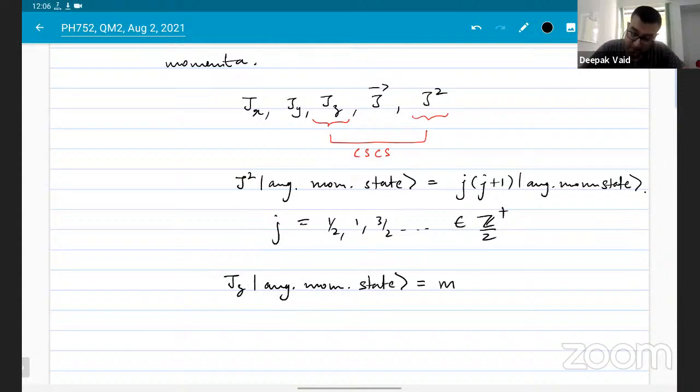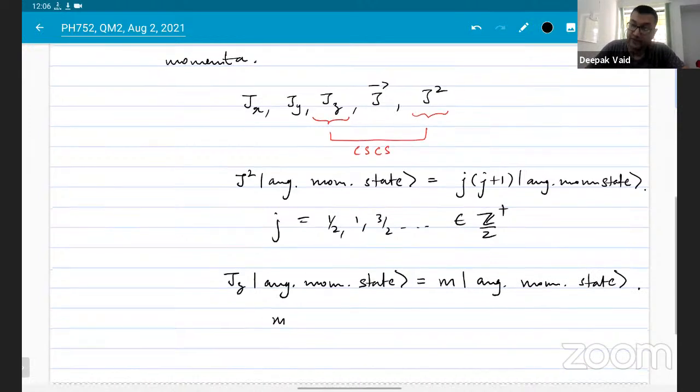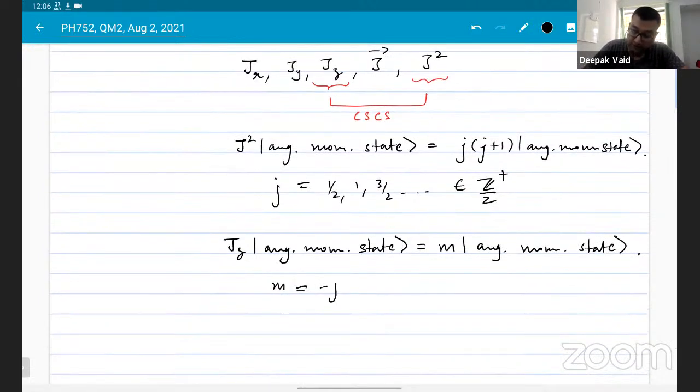It is some m, where m takes what values? Minus j, minus j plus 1, till j minus 1, to j.